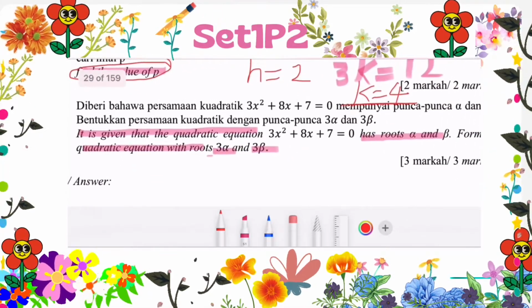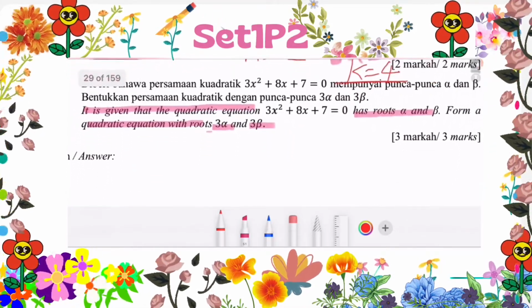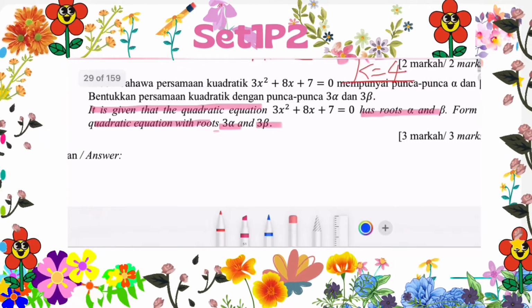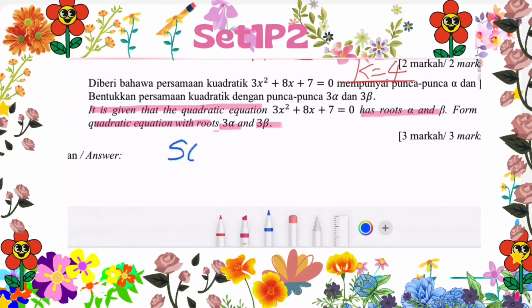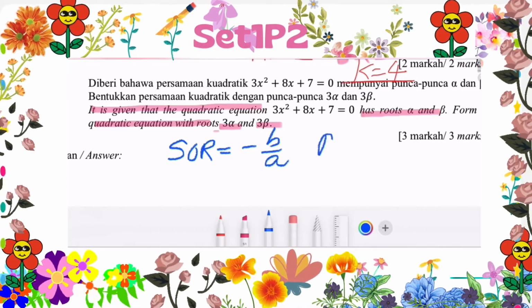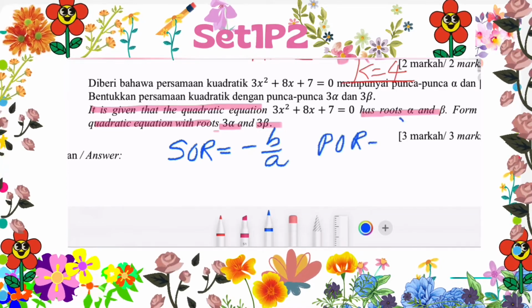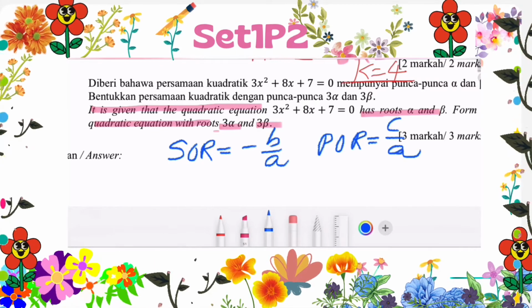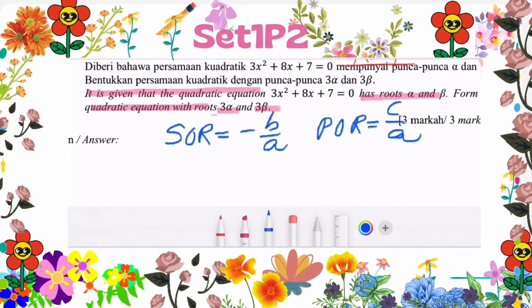Now the last part is we have to solve the quadratic equation using the sum of the roots and the product of the roots. Remember this? Solve and pause. Alright, you need to memorize this. Formula won't be given in exam.